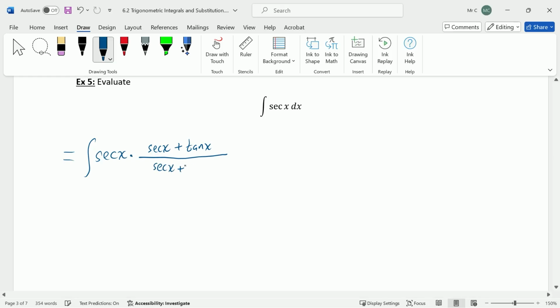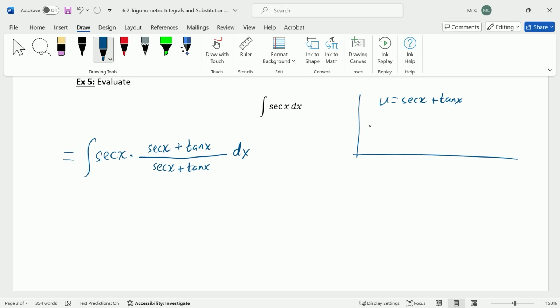I'm going to multiply by secant of x plus tangent of x on the top and bottom. So of course I'm really multiplying by 1, but I'm doing it in such a way that I'm going to get an expression I can do a nice u substitution for. And that u substitution is u equals secant of x plus tangent of x.